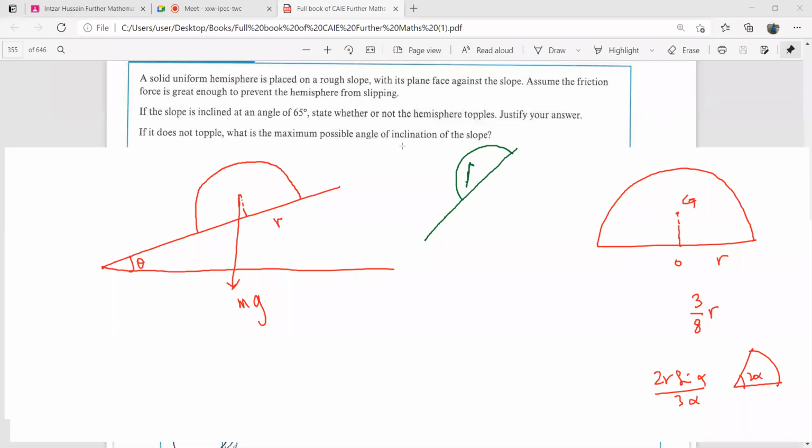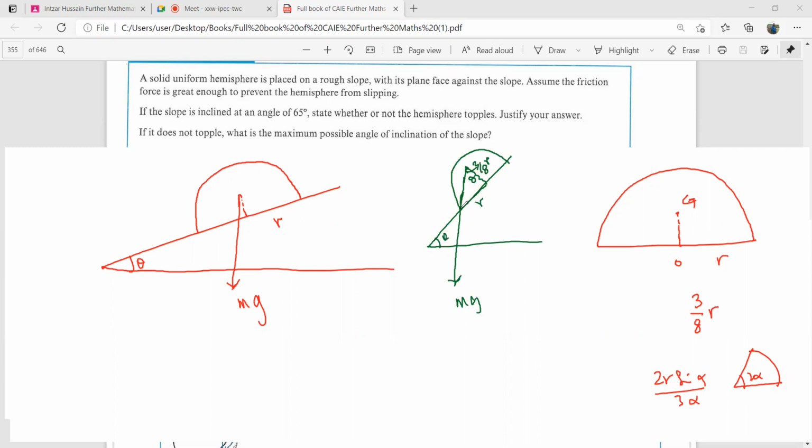Here is that hemisphere, and here is the center of the mass, so the weight is going to pass through this. Here is the theta. This is your mg, this much over here is 3 over 8 r, and this is your r over here. So let's find what this theta can be.